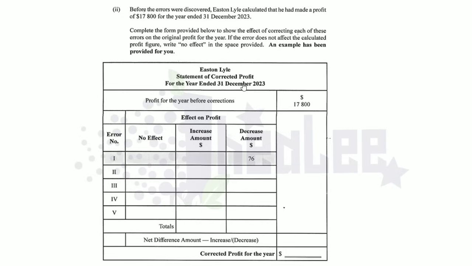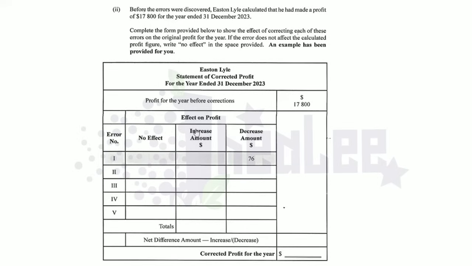Now, based on the errors and the corrections that were made, if the item does not affect your profit calculation, meaning if the item is not used in the income statement to calculate your profits, it means that that will not have an effect on the profit. So therefore, you're not going to use that to adjust your profit. You're simply going to write no effect. But those that affect the profit, meaning those items that are used in calculating the net profit, you will have to show the effect whether there is an increase or a decrease in the amount.